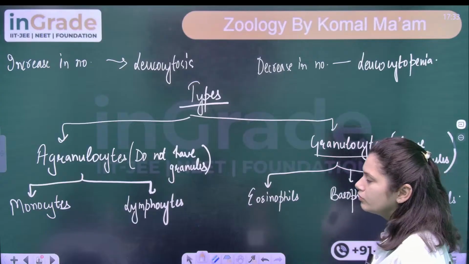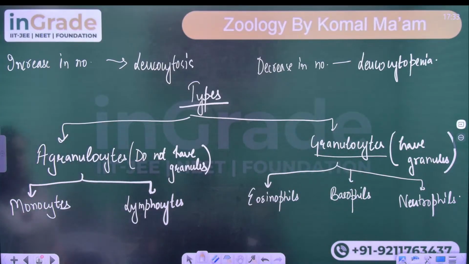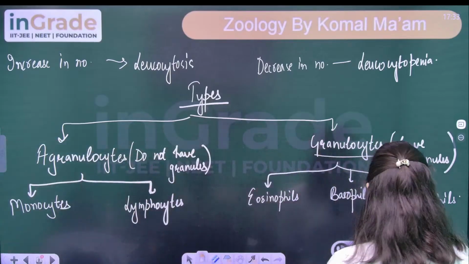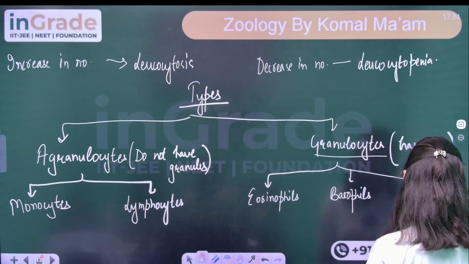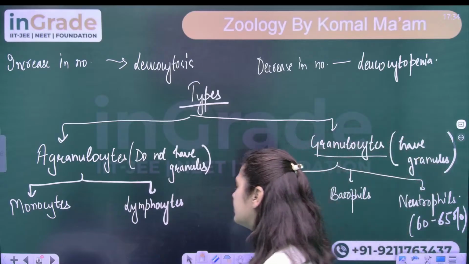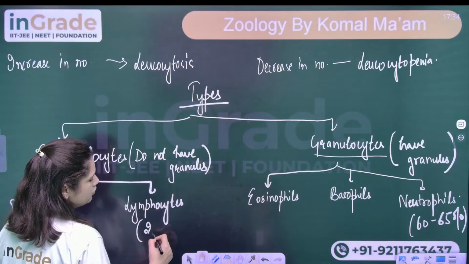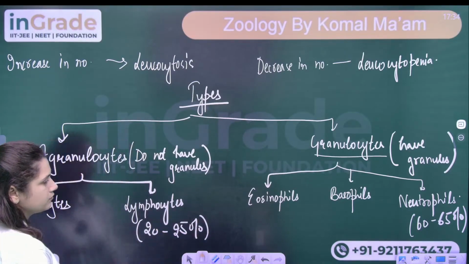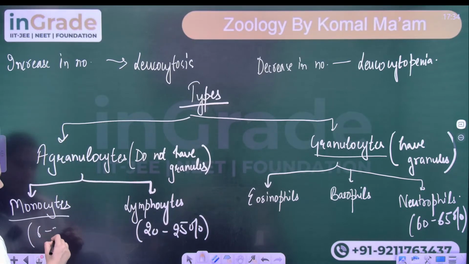Okay, so if we talk about the percentage, the most numerous WBCs that we have are 60 to 65%, which is neutrophils. The second highest are lymphocytes at 20 to 25%. Then monocytes are around 6 to 8%.